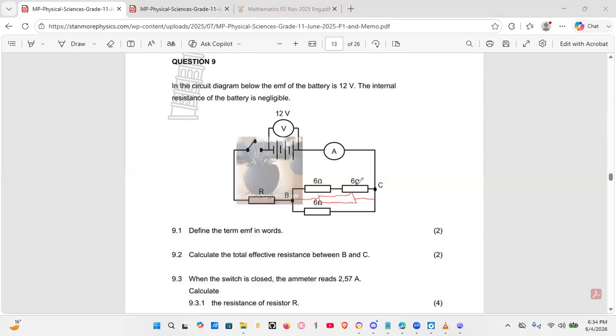Then you're going to get one unified resistance, and that'll determine the basic structure of your circuit.